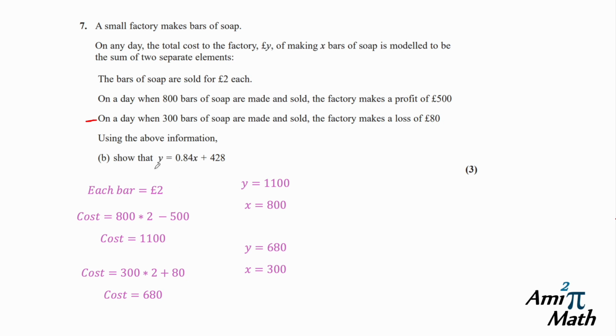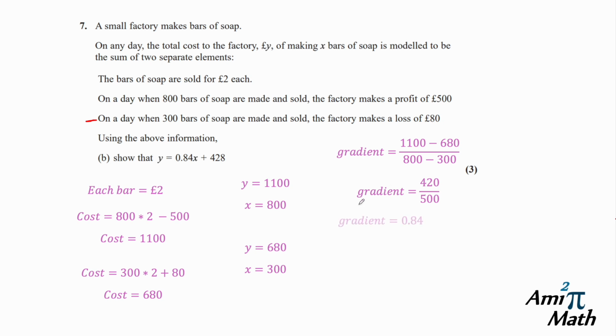So we need to work out the gradient. We've got our coordinates here, 800, 1,100, and 300, 680. We know that y2 minus y1 over x2 minus x1 is equal to the gradient. So we can do that here: 1,100 minus 680 over 800 minus 300.